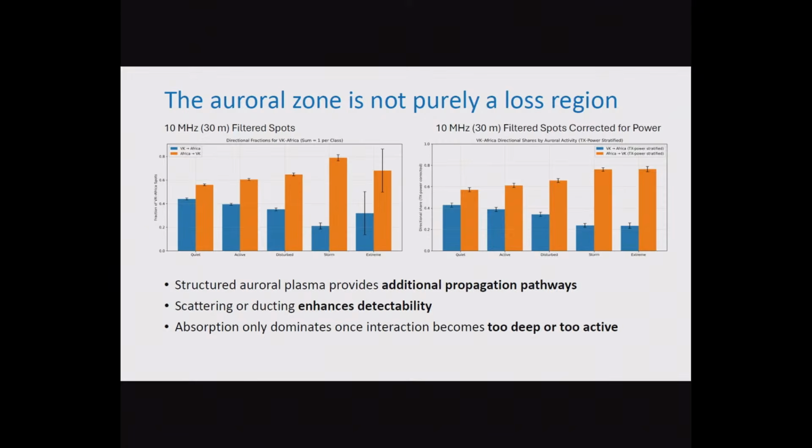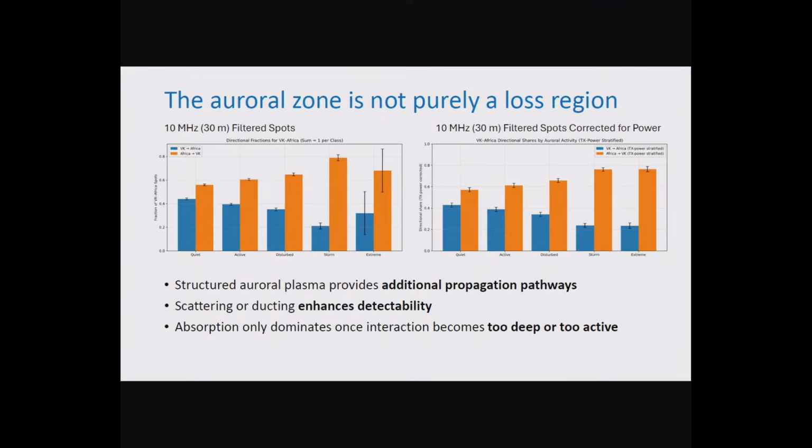The Africans, we tend to drop out. We tend to get sort of blattered by the auroral activity, but we see this distribution. If we correct for power, it's a little bit different, but there's still this asymmetry, which, these bars all add up to unity, just for different auroral conditions. But there's an excess of connections coming back the other way during large auroral events.